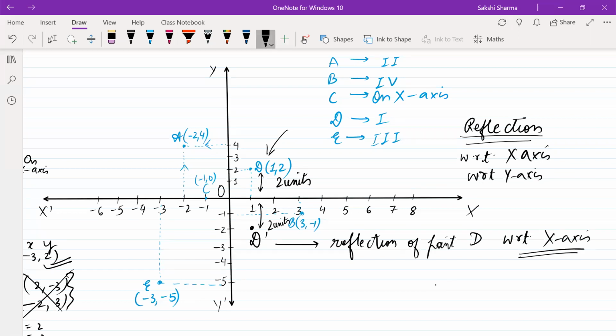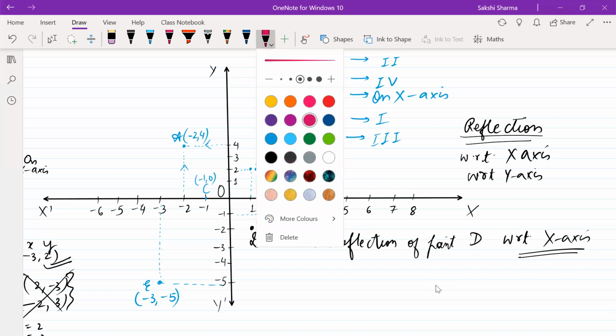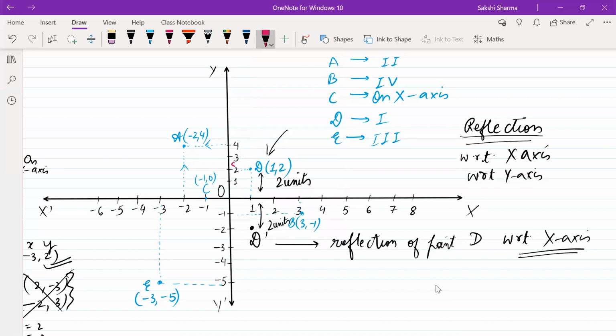और अगर इसी point की reflection आपको लिखनी हो with respect to y-axis, तो y-axis से ये point कितना दूर है? 1 unit. और हम opposite direction में जाएंगे on the other side. If the point is on the right side, we will go to the left. If the point is on the left, we will go to the right side. So this is the reflection of D with respect to or about y-axis.